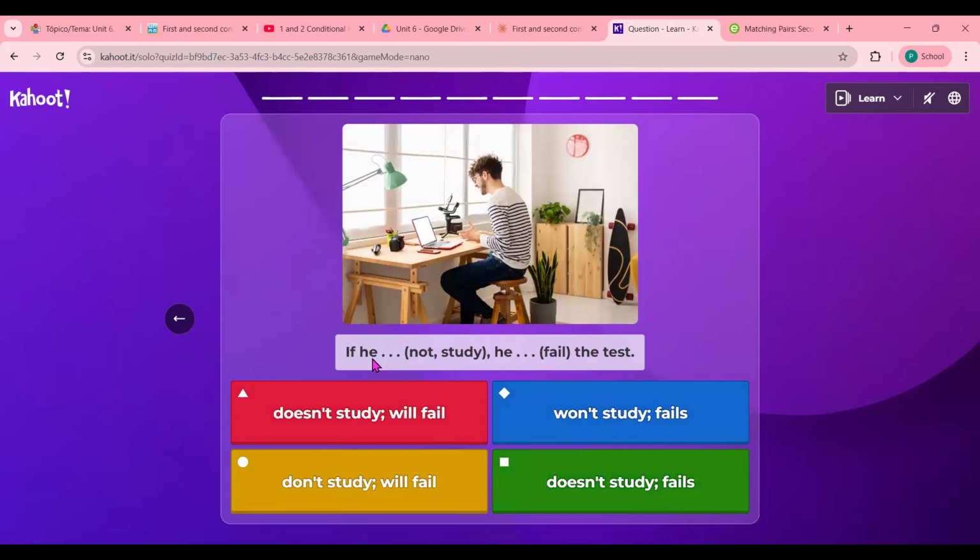If he doesn't study, he will fail the test. Okay. If he doesn't study, he will fail the test.